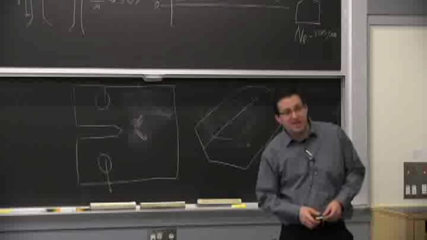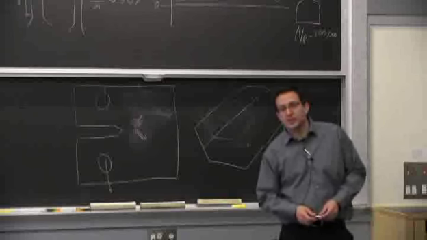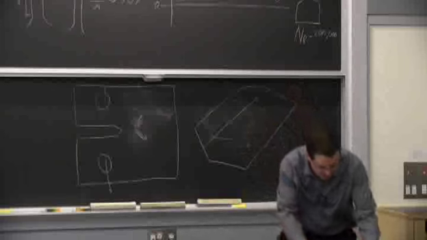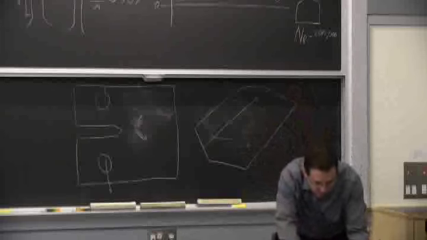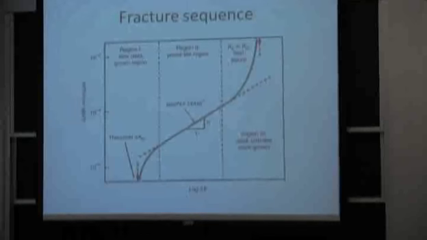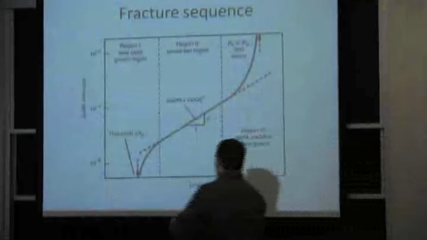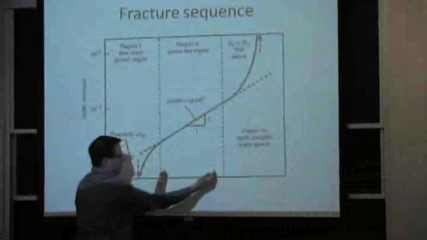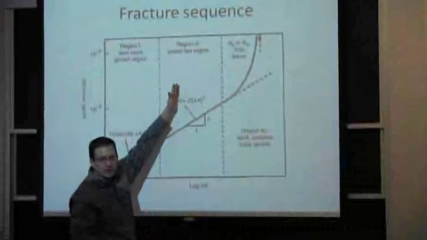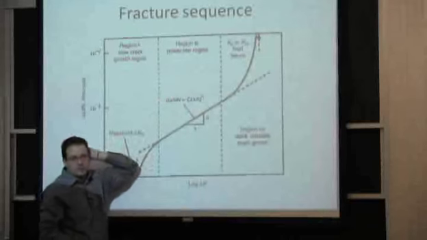You'll have some plasticity in ceramics, so you can have fatigue in ceramics as well, structural ceramics. But the Paris equation, this curve here, will be a lot steeper. So for a more limited range of variation in your stress level, you have a much bigger change in crack growth rate.